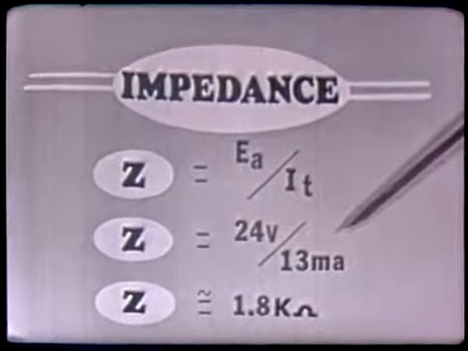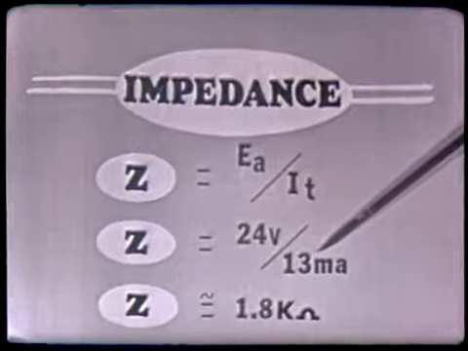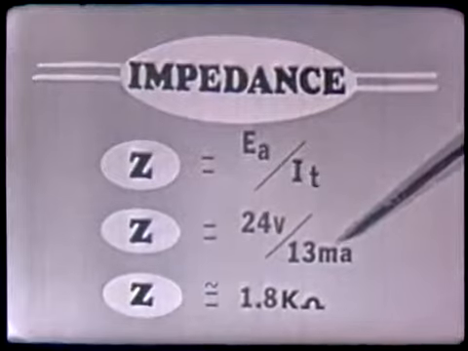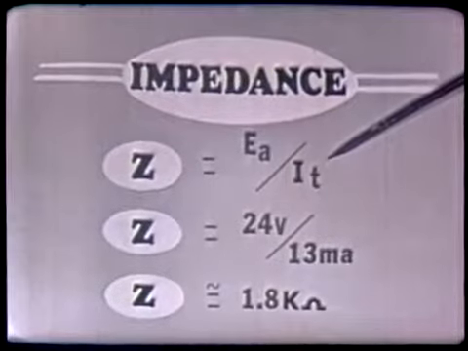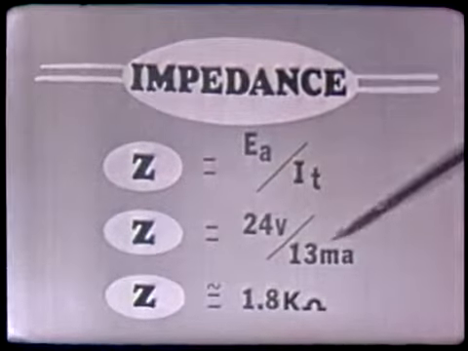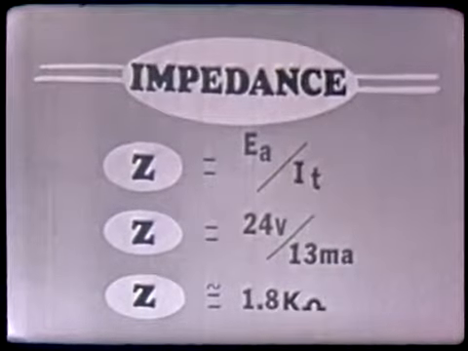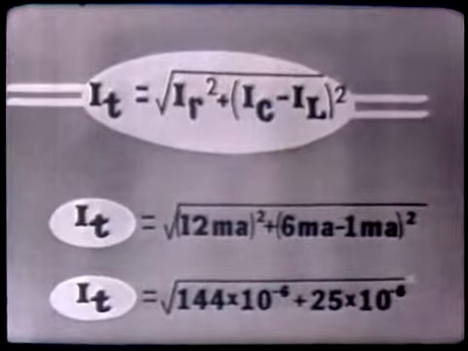Although I have chosen to solve for our total current by using a graphic solution, we can also use a much more accurate method, and that is the Pythagorean theorem.